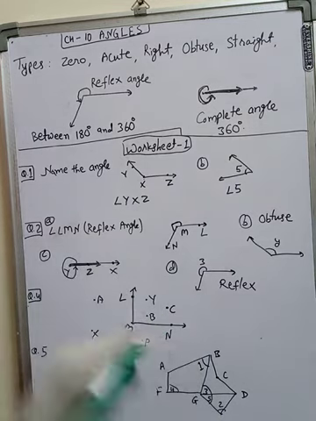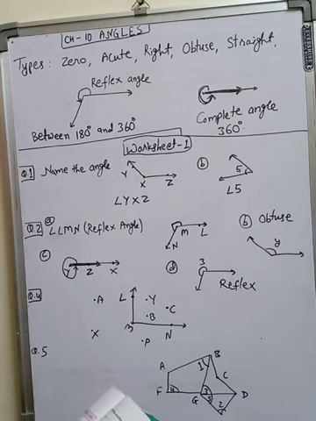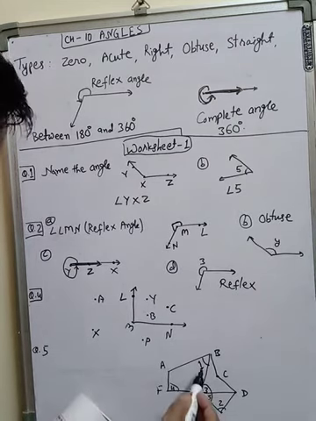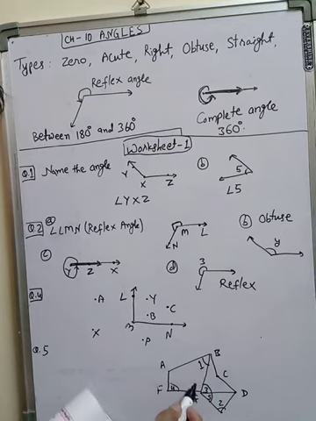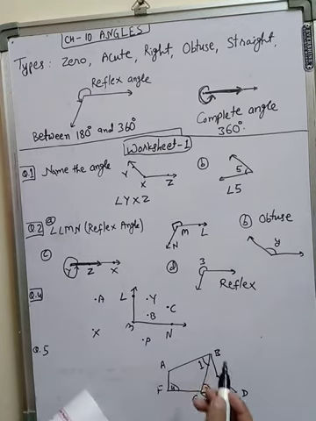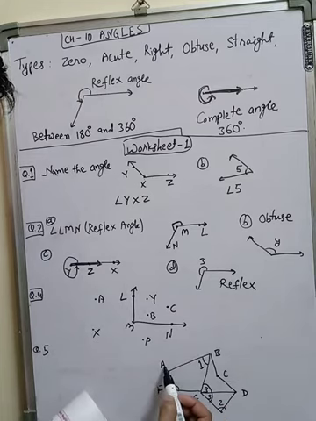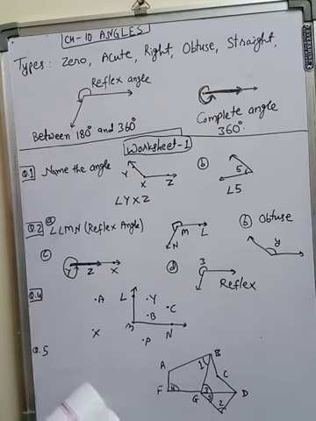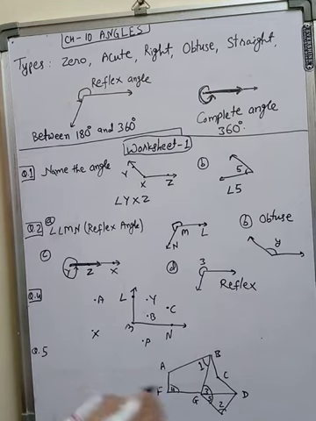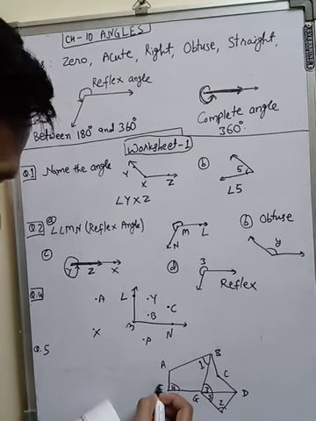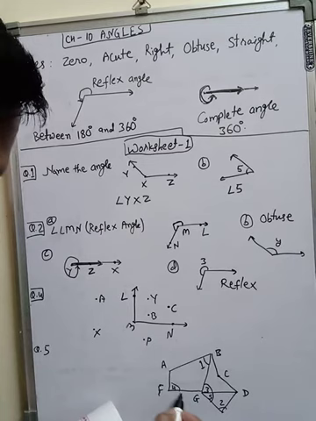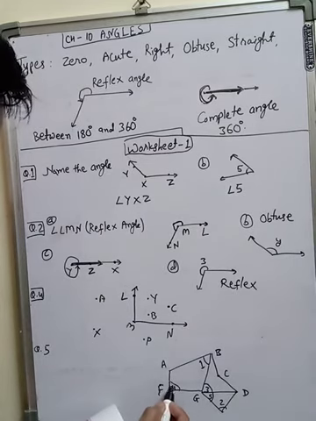Now question number 5. Write another name of the following angles in this figure. Angle 1, another name. We give the name of an angle by 3 letters. तो angle 1 का 3 letter में क्या होगा नाम? ABG. AFG का another name क्या होगा?